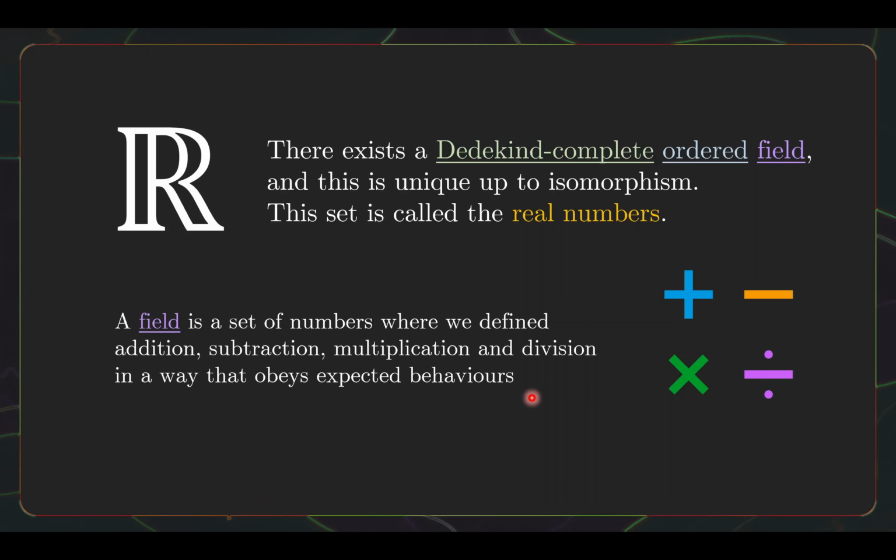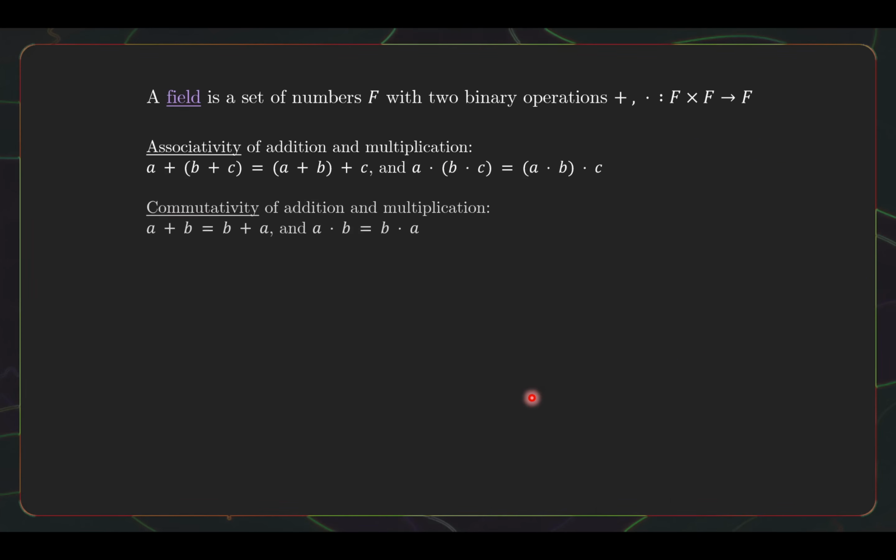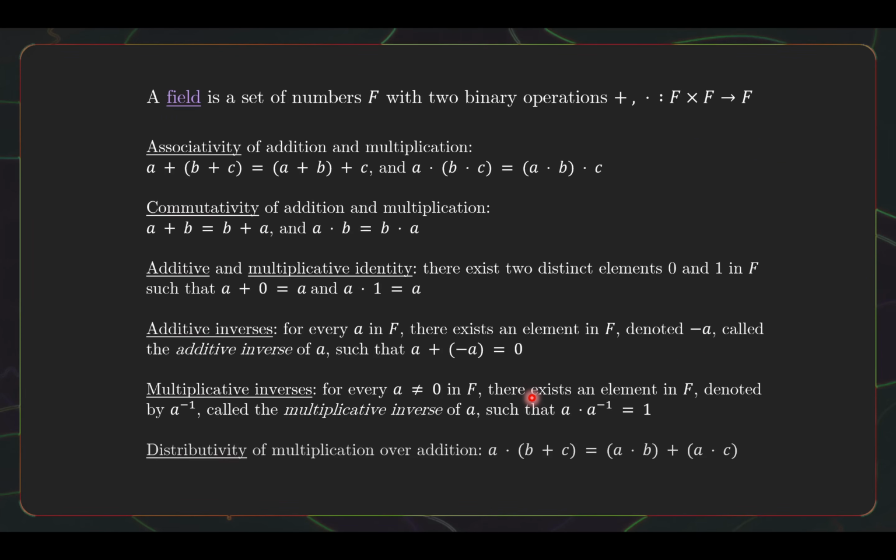So this is basically the broad idea. And to understand it fully, you will need to take a look at the list of expected behaviors, which I will not go through in detail because it will be a bit boring. But the key idea is these behaviors are things that would be natural, like associativity, commutativity, and so on and so forth. So if you like, you can take a look at the full list later on.